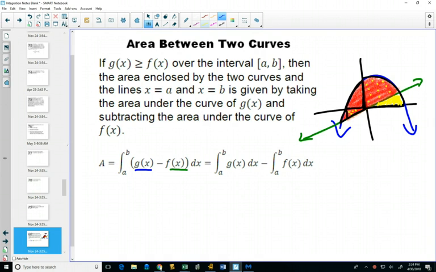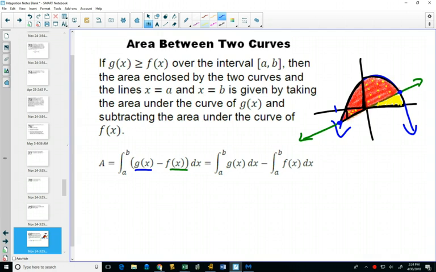And if you subtract the two functions and do the integral between the two points where they intersect, you will calculate the area between those two curves. And it does not matter if part of it's above the axis and part of it's below, or if it's all below, or if it's all above. Which now means we can find some really interesting looking areas.